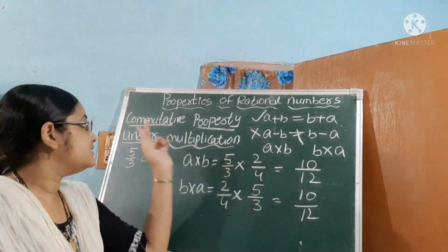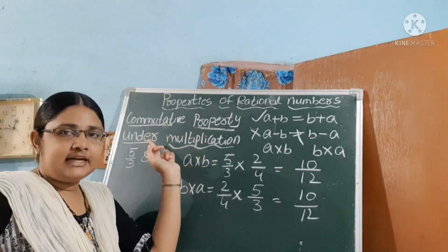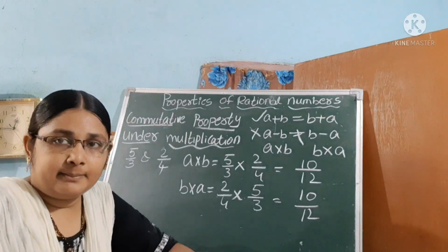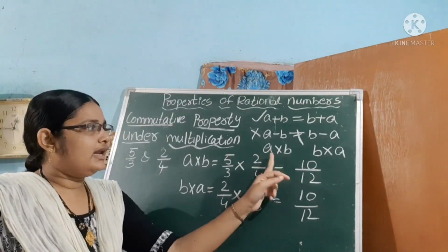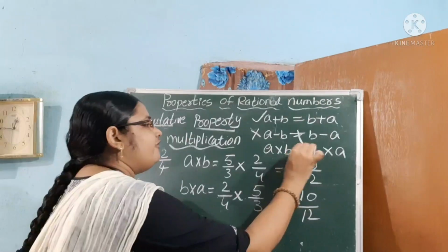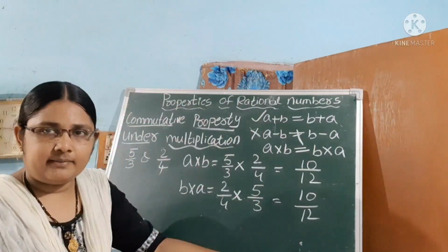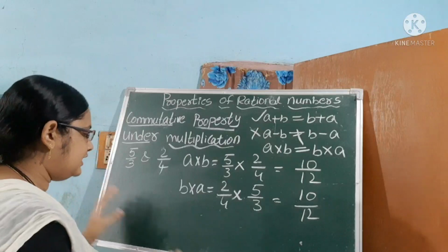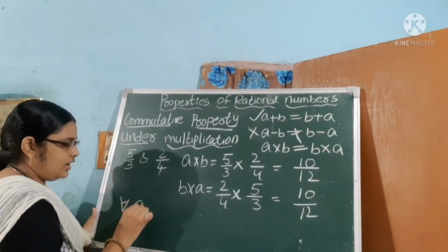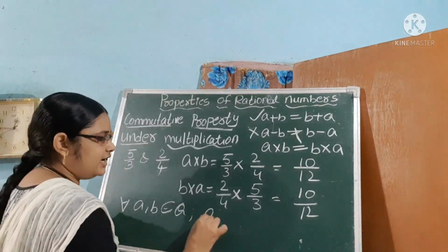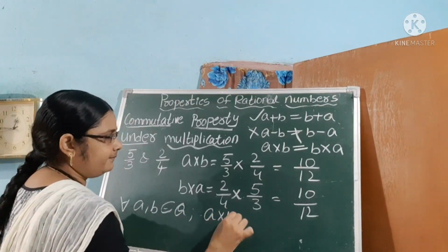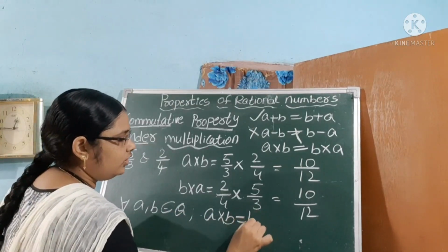So the commutative property is satisfied under multiplication. Is it clear? Here observe the LHS and RHS result is the same. So for all A, B belongs to Q, A into B equals B into A.